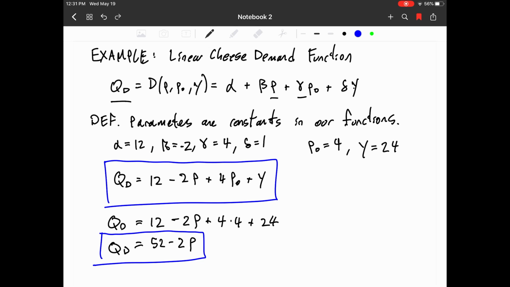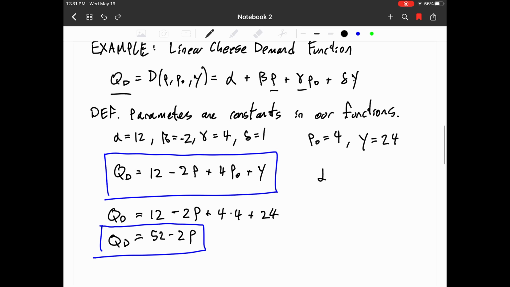When we take the derivative of quantity demanded with respect to price and apply it to the demand curve, we just look at the boxed component of the linear cheese demand function.